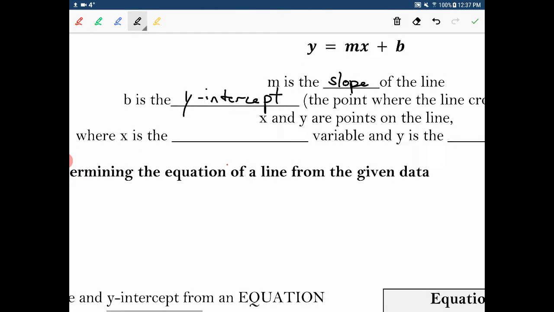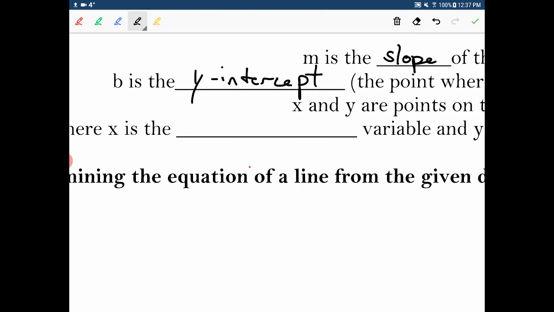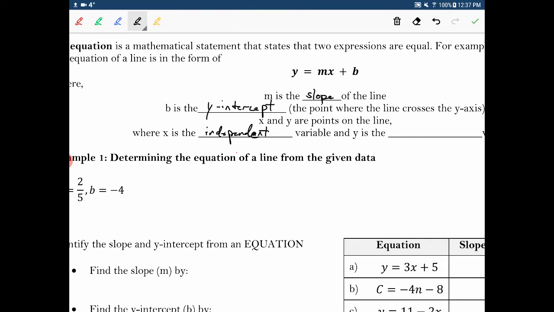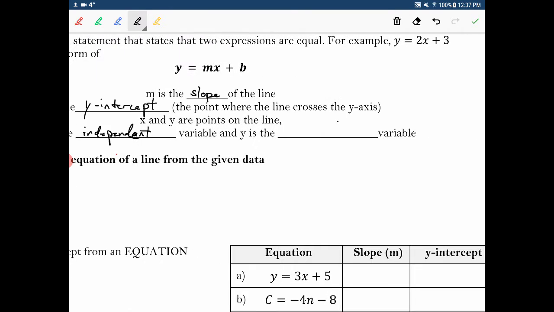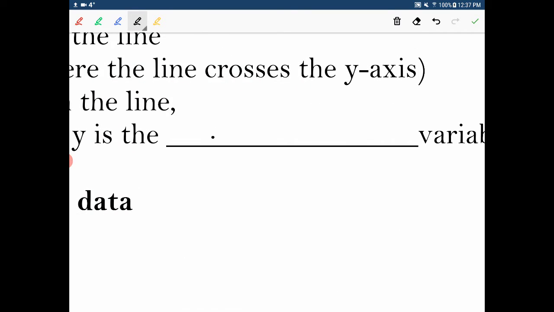All right, so the x is going to be our independent variable. Independent. All right, so our x is our independent variable. In other words, we pick our x and it tells us what y is, because y is dependent on what x is. So y is our dependent.